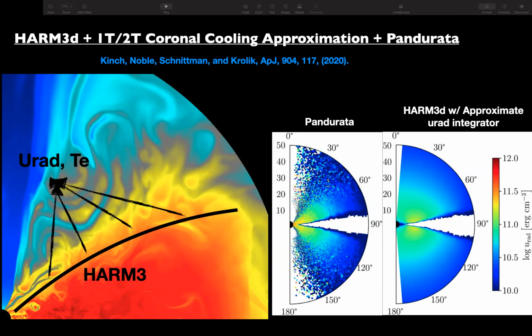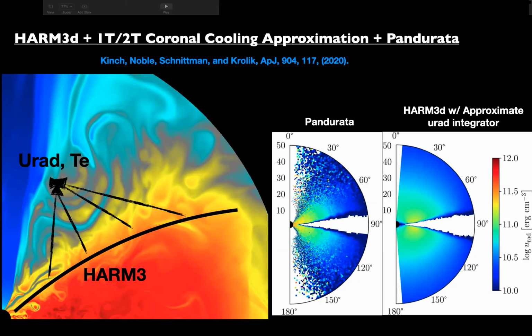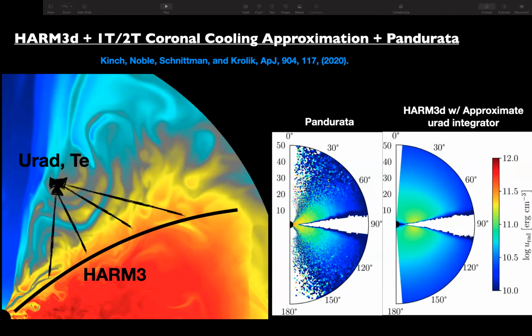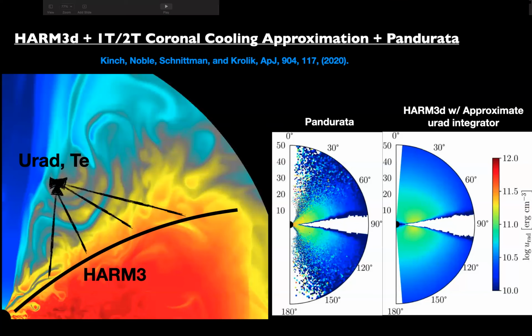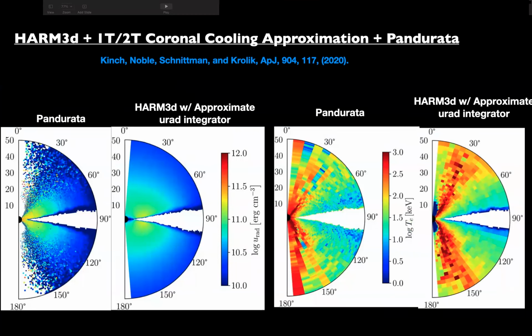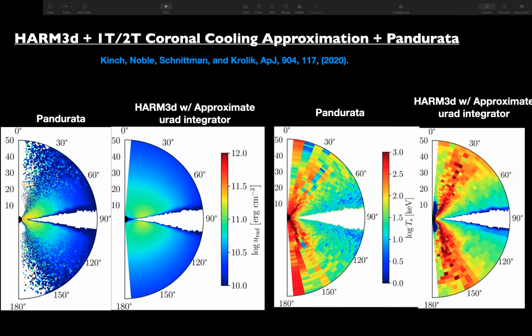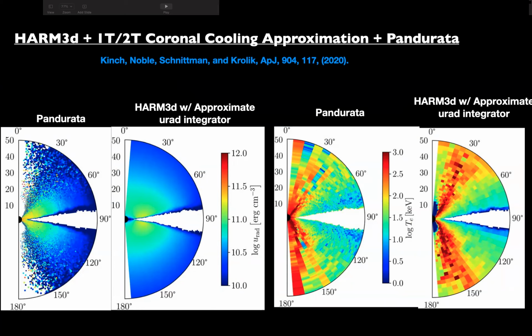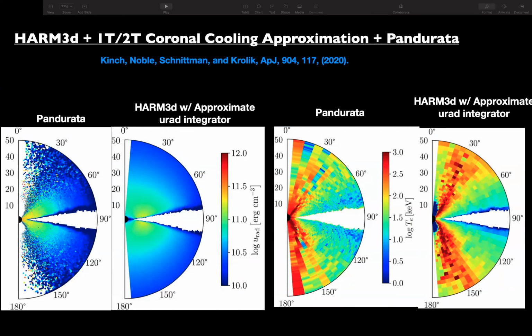We haven't done that yet, but for now we have this approximation scheme that just integrates at each point the emission from the photosphere in some simple geometric way. That seems to work pretty well. It gives us fairly similar photon energy densities and also similar temperatures in the corona.